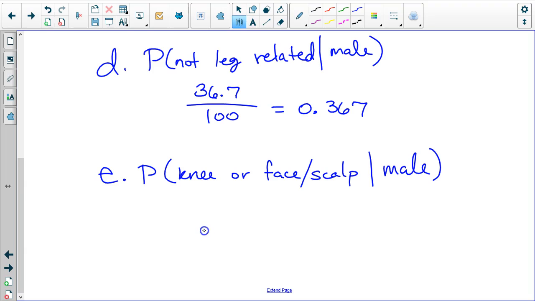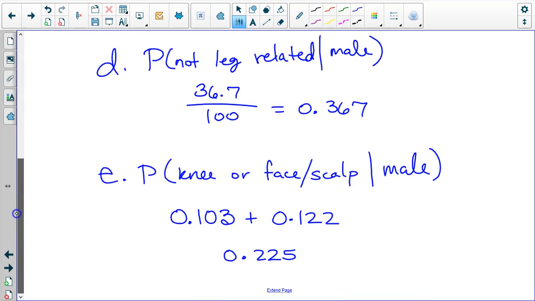So, knee, given that they're male, would be 10.3 out of 100%. So that just changes it to 0.103, right? And then plus 12.2, but that's divided by 100 because it's given that it's male, so 0.122. Add because it's or, so then it's just 0.225. There's two ways to look at it.